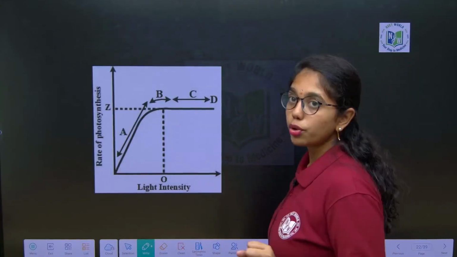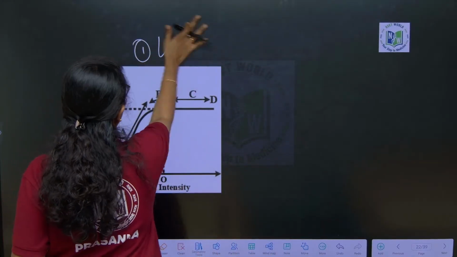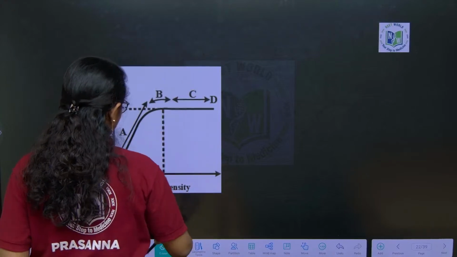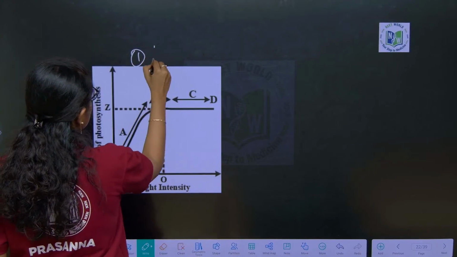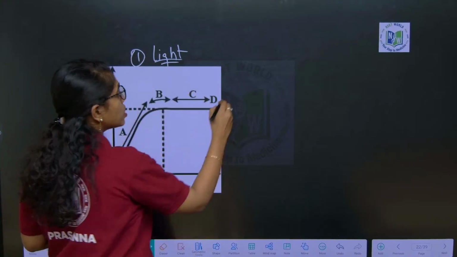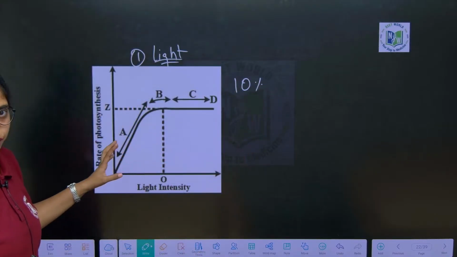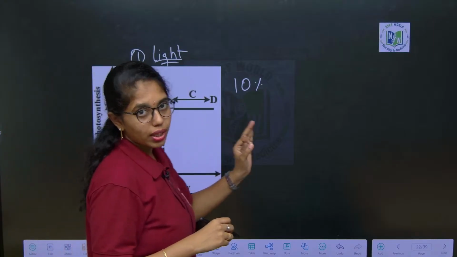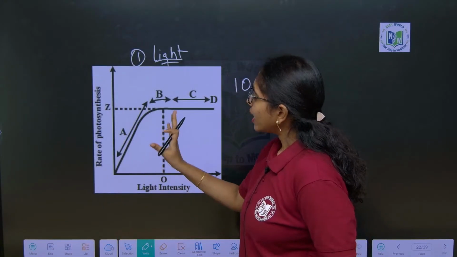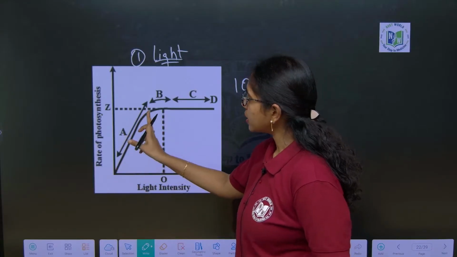Now if we look into the first external factor, that is light, sunlight. You have to remember this point, that 10% of total sunlight will lead to saturation. Just 10% of total sunlight is enough for the process of photosynthesis. Initially, as the light intensity increases, the photosynthesis rate also increases.